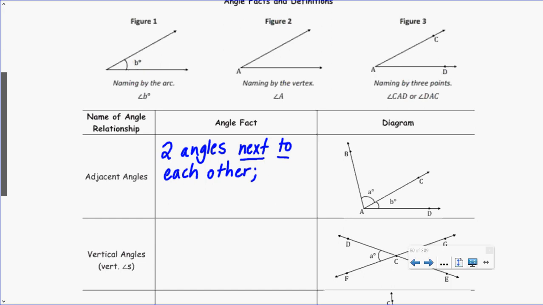Specifically in angle relationships, they share one side or ray. The ray that they share in the diagram is right here. So angle A degrees and angle B degrees are adjacent because of this ray that we've outlined.